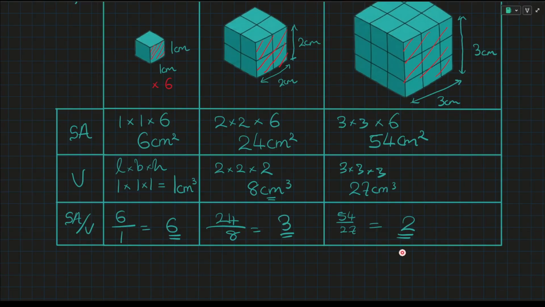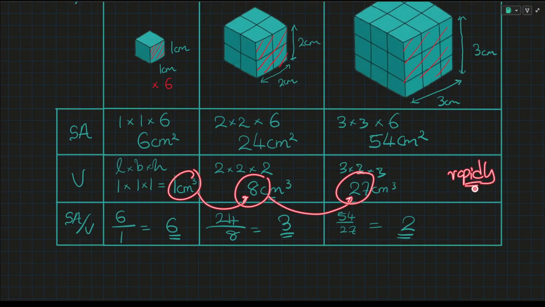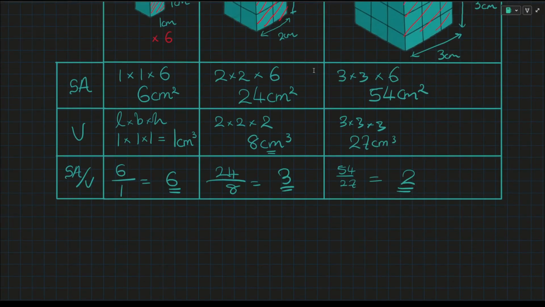Why? The reason being, now do you see, when it comes to surface area, 6, 24, 54 is a kind of an okay increase. It's linearly increasing. But if you look at volume, do you see 1 to 8, 8 all the way to 27, it's rapidly increasing. There's a rapid increase in volume.